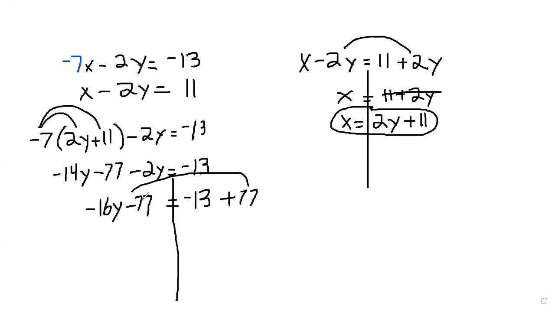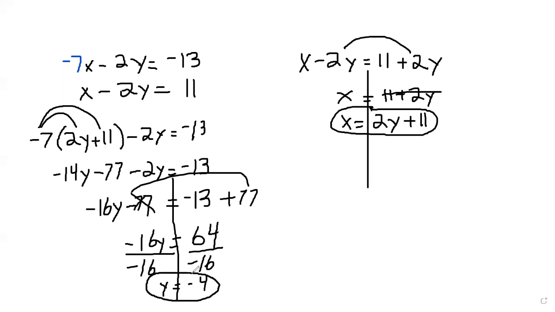So we have negative 16y, and then negative 13 plus 77 is 64. Positive 64. We divide both sides by negative 16. Just like that, easy peasy. And we have y equals negative 4.